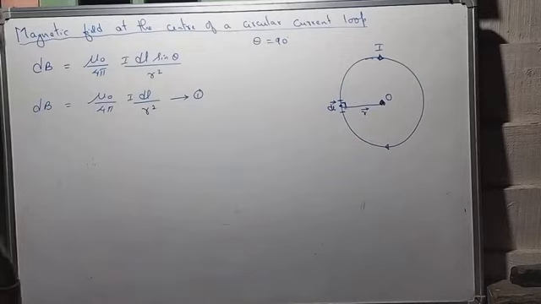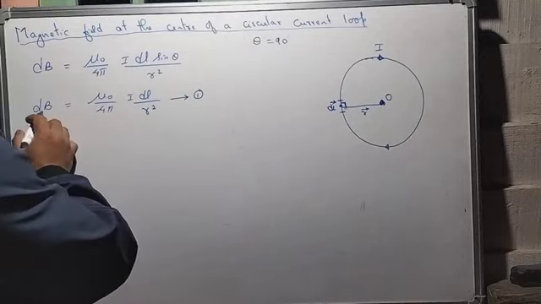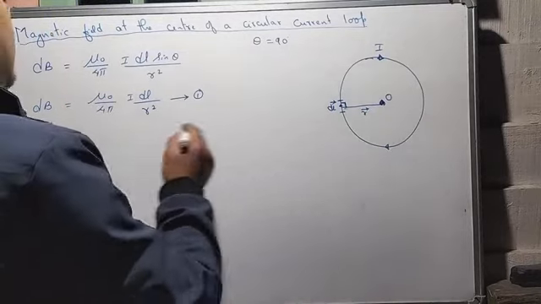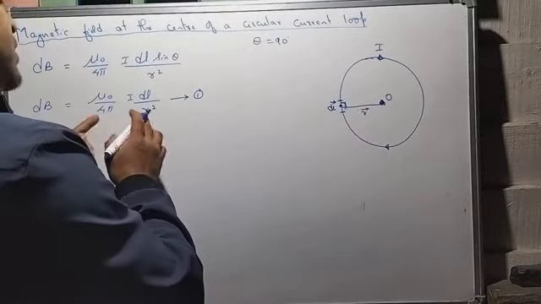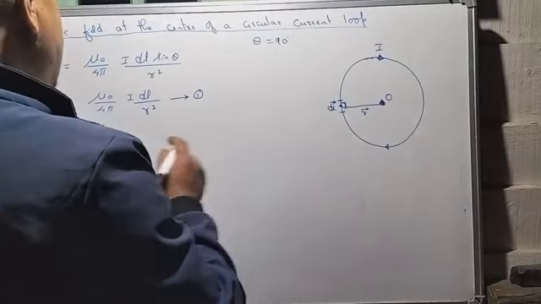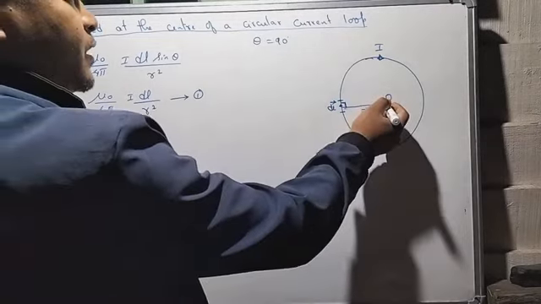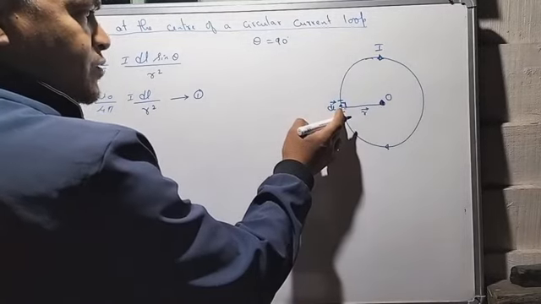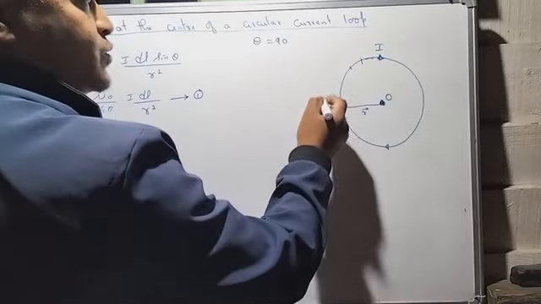Now this direction of dB and the magnitude as well is equal to this much, and this magnitude and direction of the magnetic field is not just from this one current element. You can have a current element over here also.